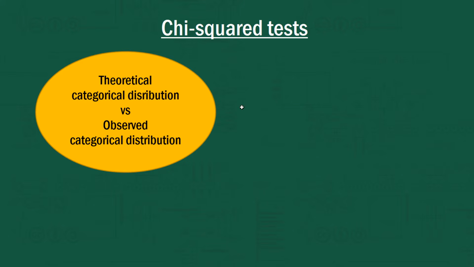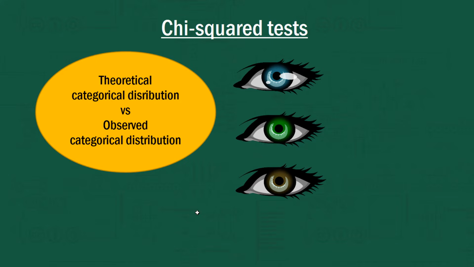Now, as I said, there's a couple of chi-squared tests hanging around, and they all tend to do the same kind of thing. They test a theoretical categorical distribution versus an observed categorical distribution. So a very simple example of that might be to say, well, let's consider the three different main eye colors for simplicity: blue, green, and brown. Now, someone might have the theory that in a particular population, the prevalence of each of these eye colors is a third, a third, and a third.